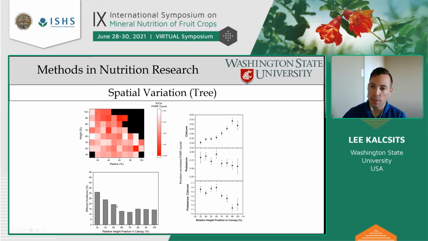This translates into differences in bitter pit incidence, where bitter pit is higher in the lower part of the tree for Honeycrisp than in the upper part. So by increasing our replication and interrogating spatial variation, we're able to answer different types of questions than we would with traditional analysis.